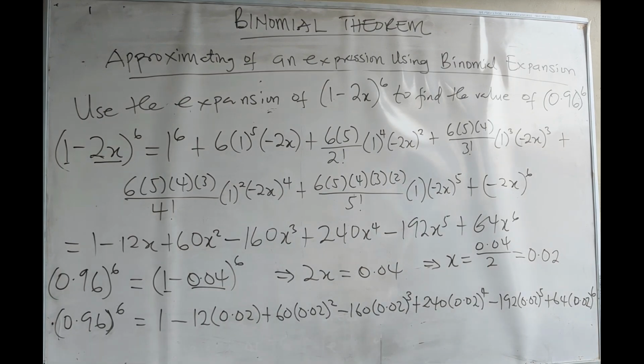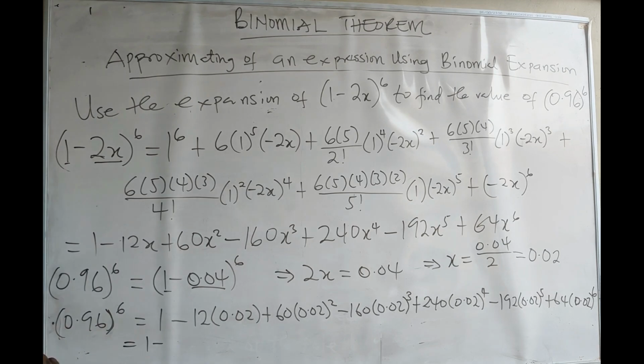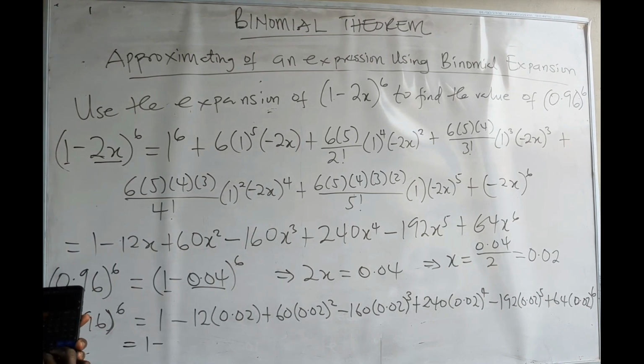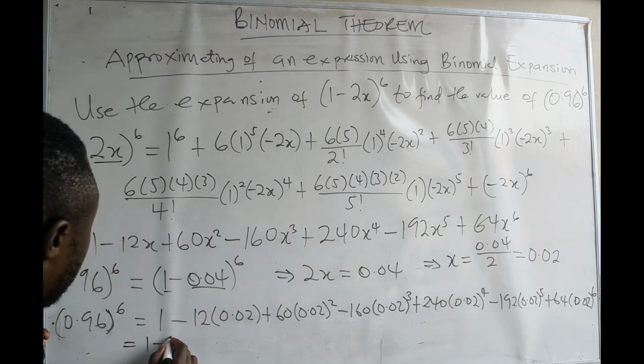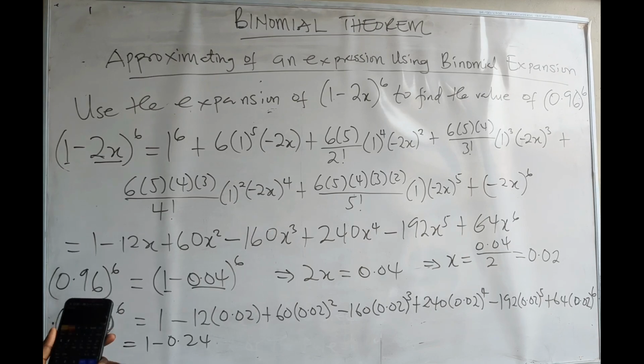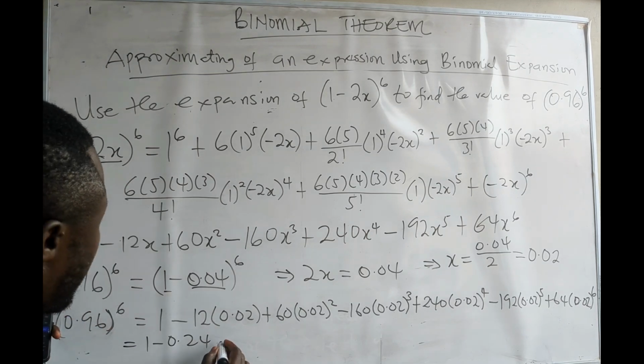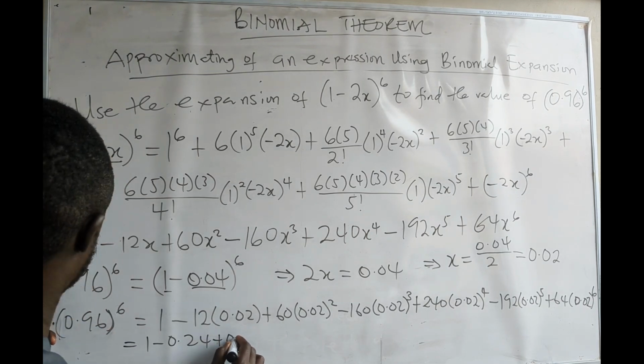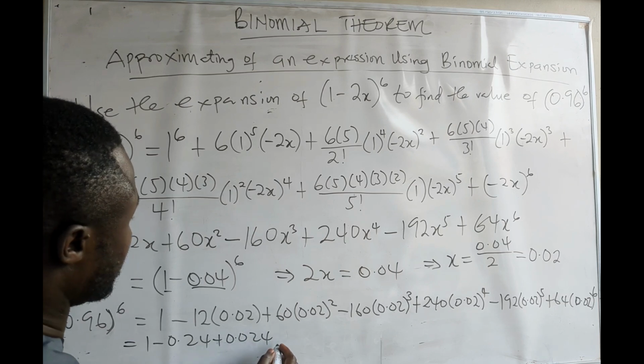Okay, so minus 12 times 0.02 will give us 0.24. Then 60 times 0.02 squared will give us plus 0.024.